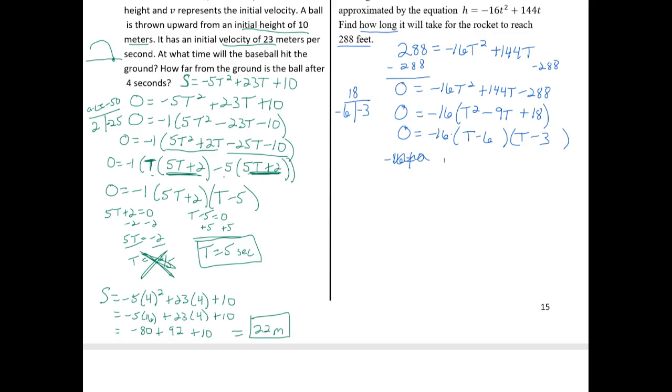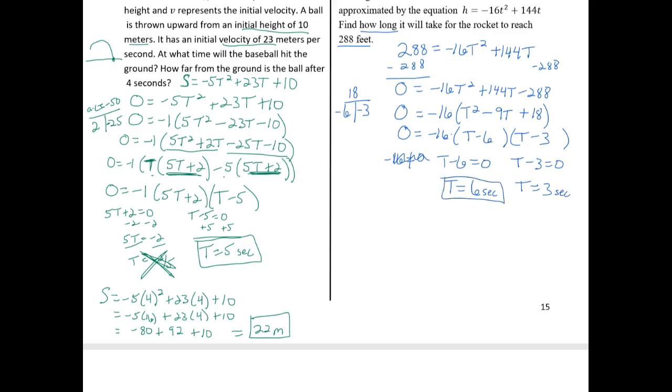The factors we care about are t minus 6 equal to 0 and t minus 3 equal to 0. I solve each equation for t. Here I add 6 to both sides. Here I add 3 to both sides. So that says 6 seconds and 3 seconds.